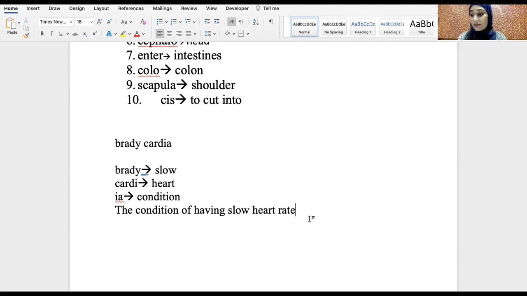And we have the word tachycardia. So tachycardia means the condition of having a fast heart rate.